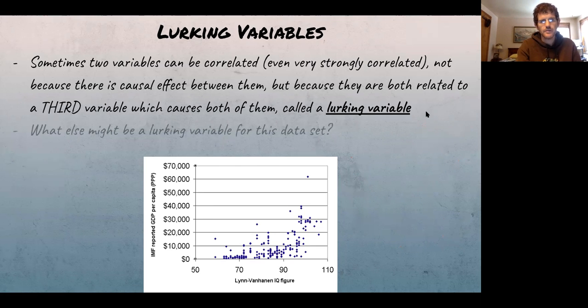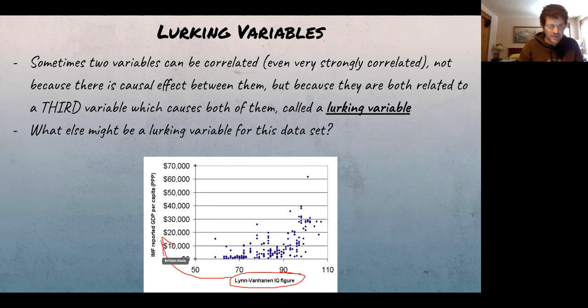So let's look at this again. What else might be a lurking variable? If we want to say that IQ causes wealth, that's a possibility. But what could cause both of these things to go up that's not mentioned?